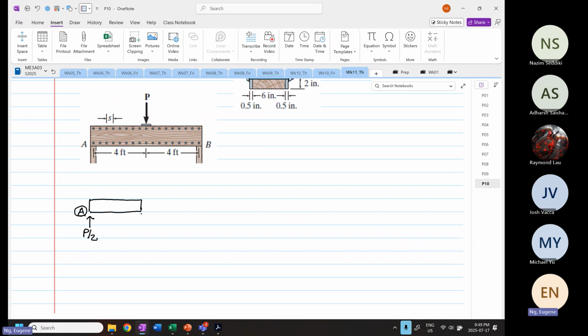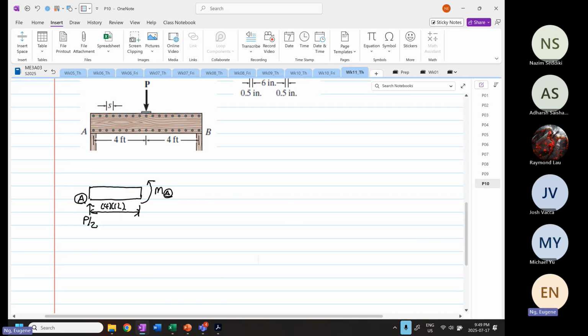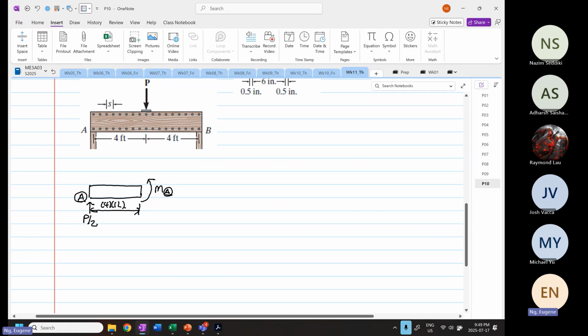And then we're going to assume this is our member at point A. And then we know that the distance from here to here is 4 times 12. Okay. So we're going to do static analysis, right? The sum of moments about Z is equal to 0.